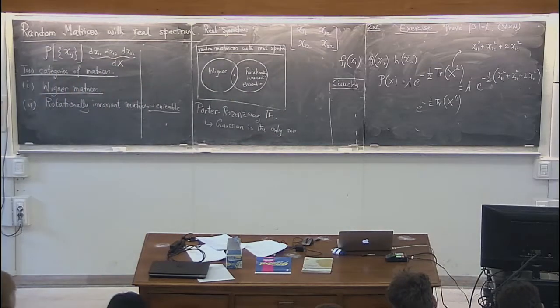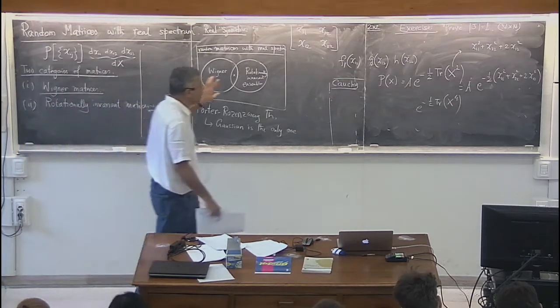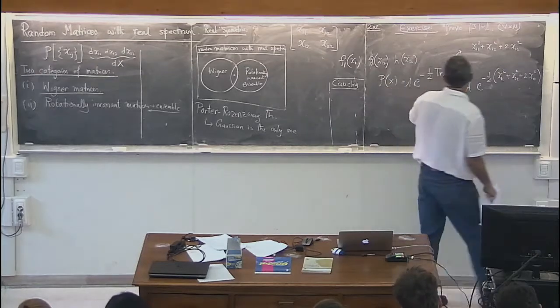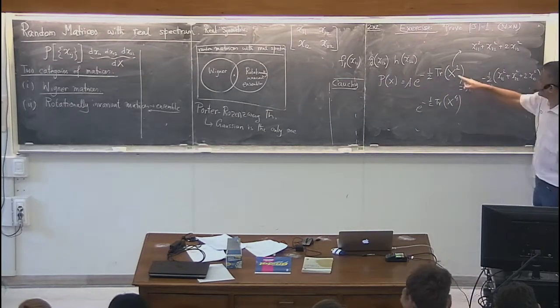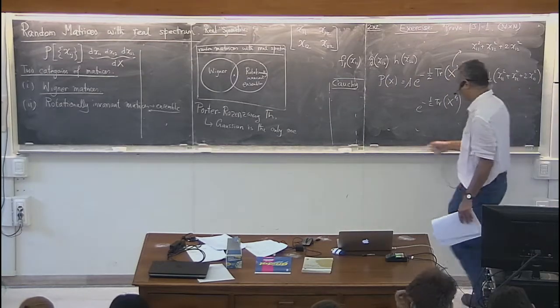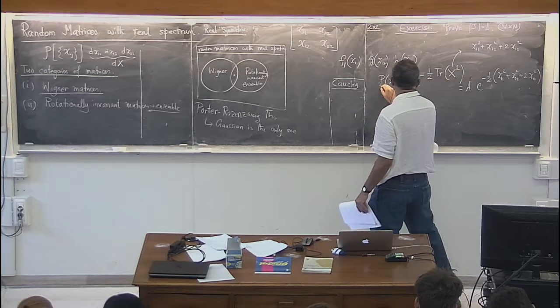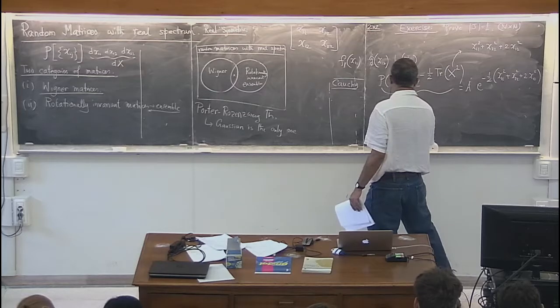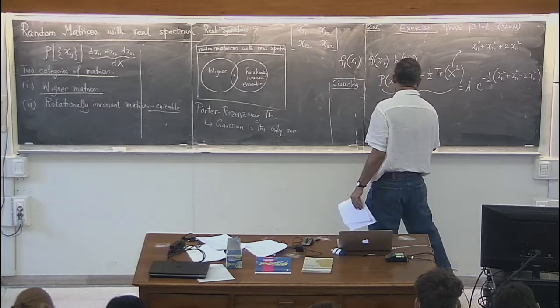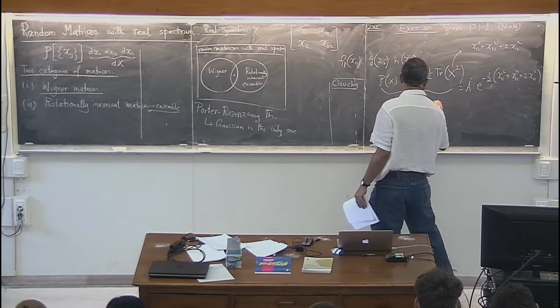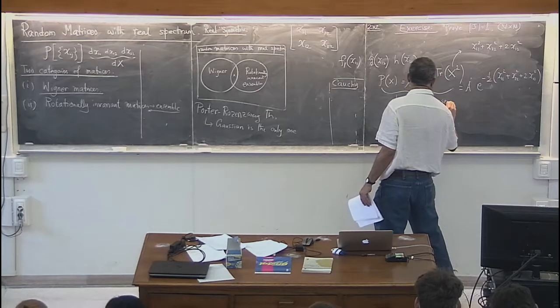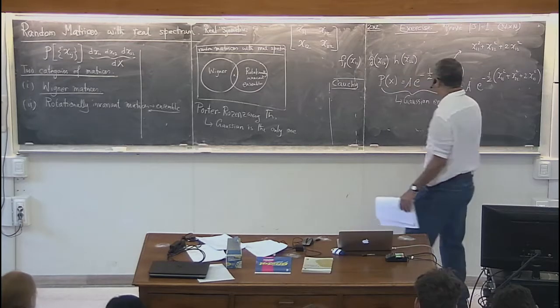So Gaussian actually plays a very special role because of Gaussian matrices. These are called Gaussian ensembles when you choose the weight like this, trace of x².